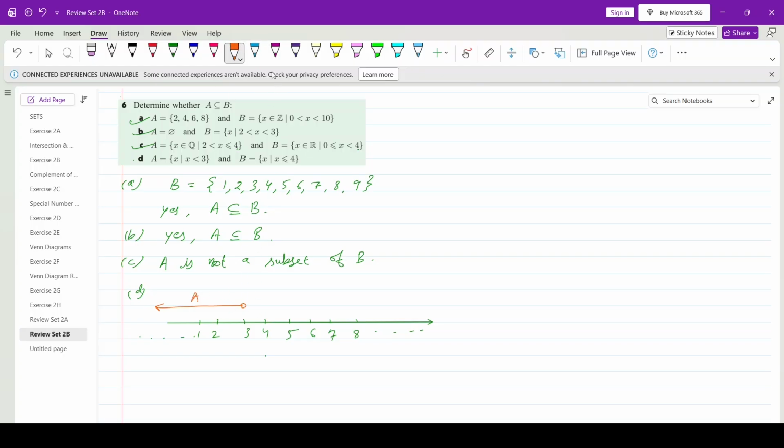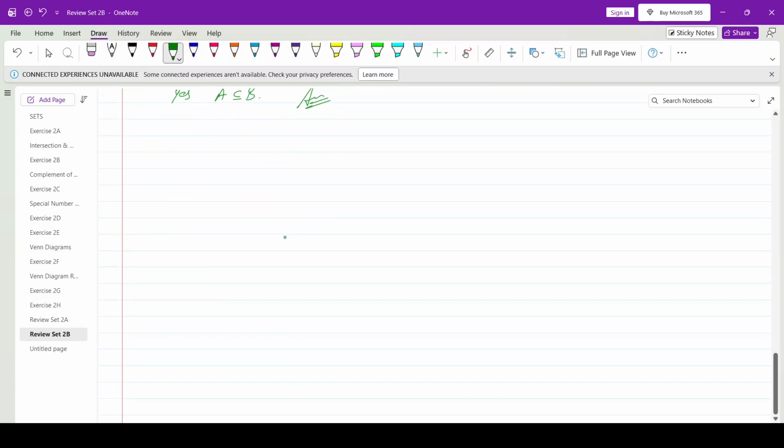This is A. And B is going to be a line starting from 4. This is B. Now is A falling inside B? Yes, we can say that. So yes, A is a subset of B. That is our answer. Let's go to the next question.